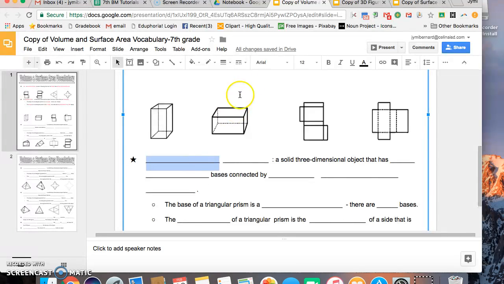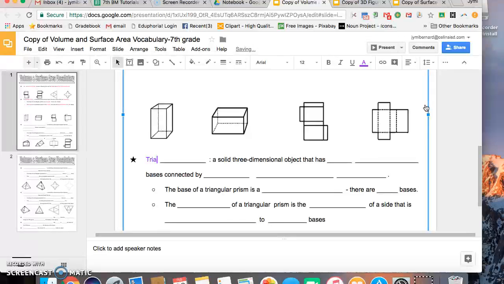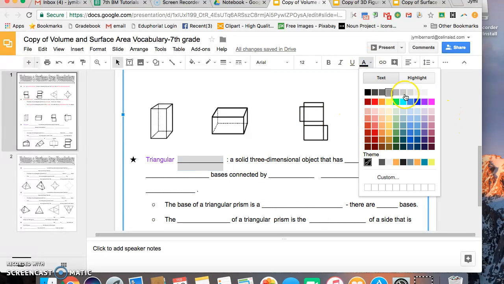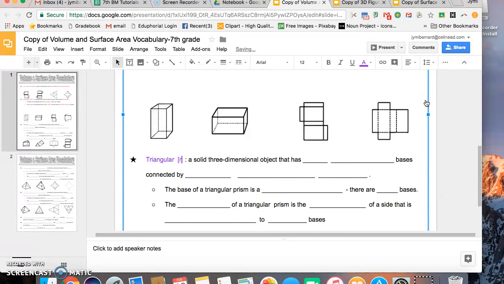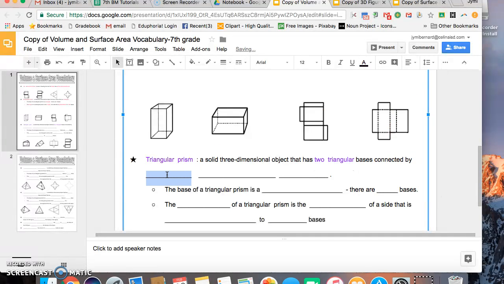Okay, so now moving on, we are going to talk about triangular prisms. A triangular prism is a solid three-dimensional object that has 2 triangular bases that are connected by 3 rectangular faces.